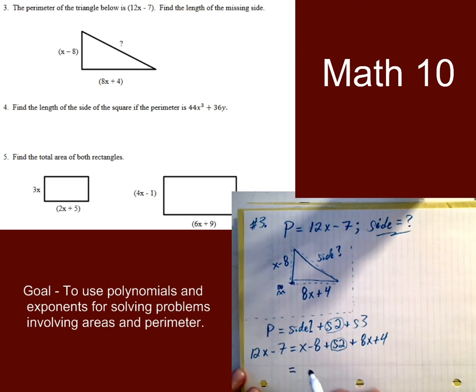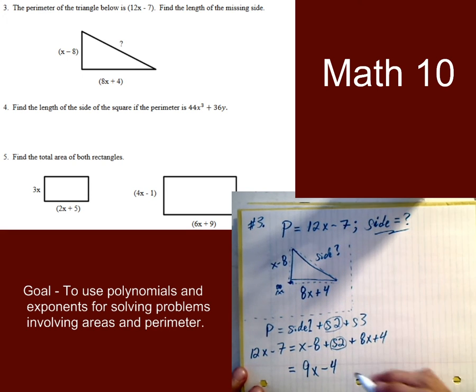As we know, because they're both x's, we can combine them together. So 1x here plus the 8x over there gives 9x. For the numbers, integers, we're down by 8, so negative 8, and then we go up by 4, so we end up just being down by 4. And what's missing? The side that we're looking for, our side 2.